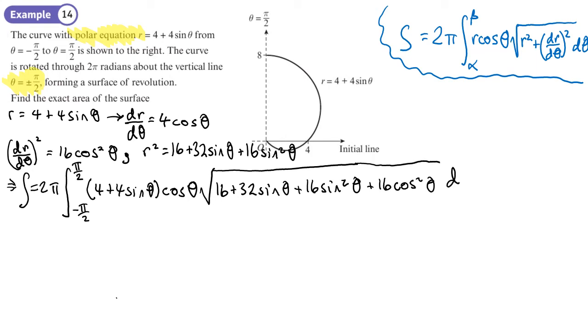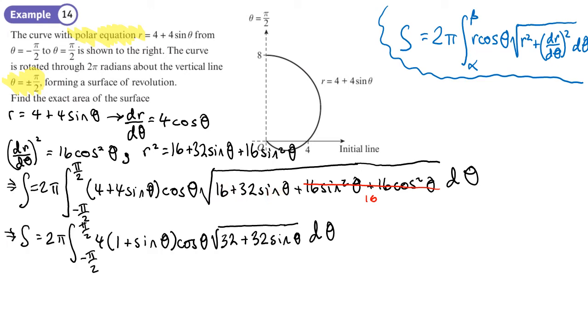Now it looks very long, but these two just make 16 lots of sine squared plus cos squared, so this is going to become 16. The 16 and the 16 will go together, so I'll get 32 plus 32 sine theta. Okay, so what I've done is simplified this part here, 16 plus 16, and I've taken the 4 out as a factor of this.